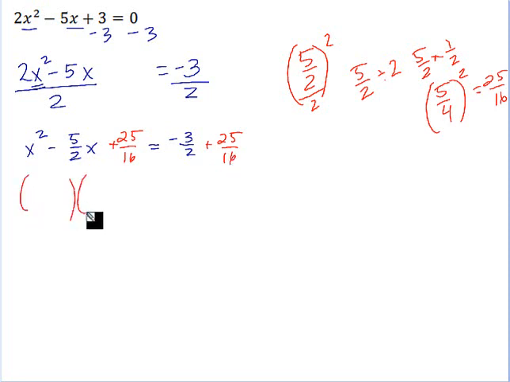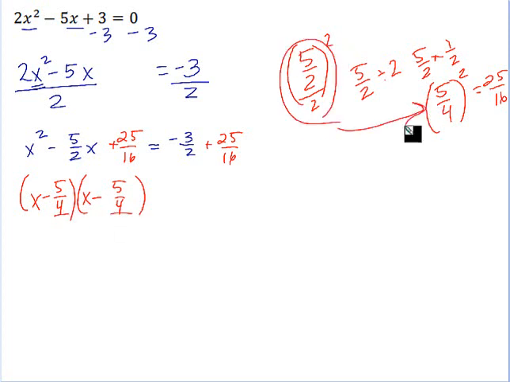We did this so that the left-hand side would factor to x minus 5/4 times x minus 5/4. We know that would be 5/4 there because that's what we got when we took the 5/2 and divided it by 2. Or x minus 5/4 squared is equal to, now we need to add negative 3/2 plus 25/16.